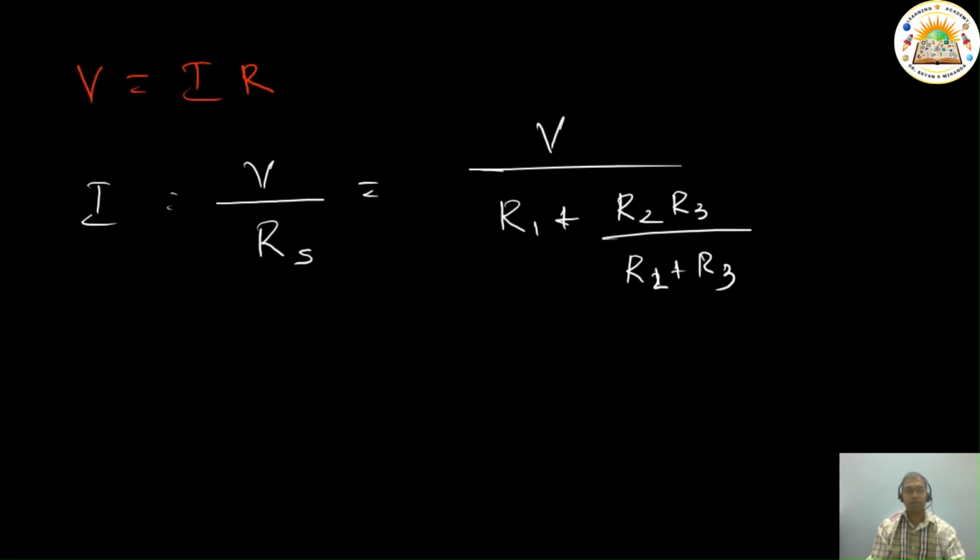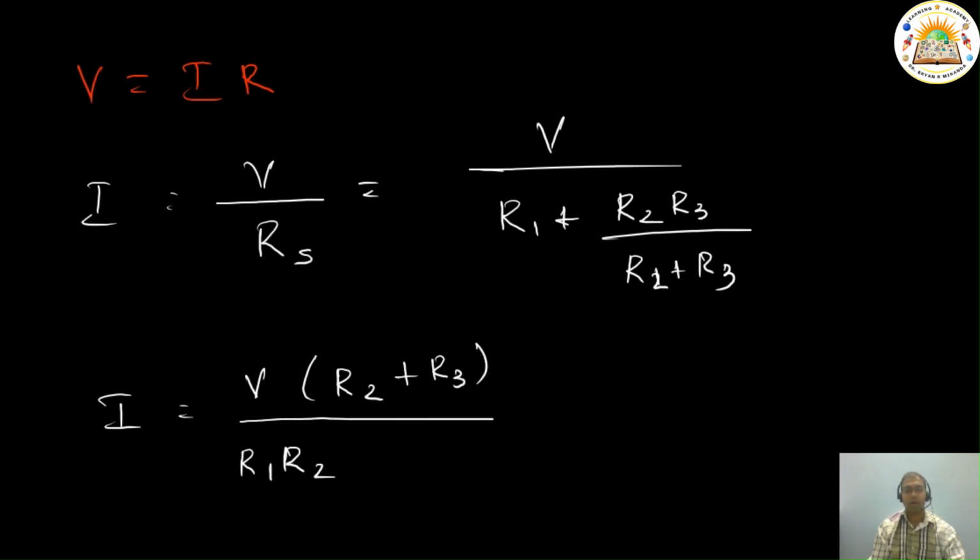So let us just simplify this. So I'll get I is equal to V times R2 plus R3 divided by R1 R2 plus R1 R3 plus R2 R3. So we can have this as the value of current for combinations.